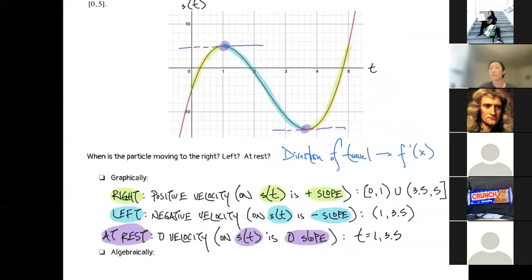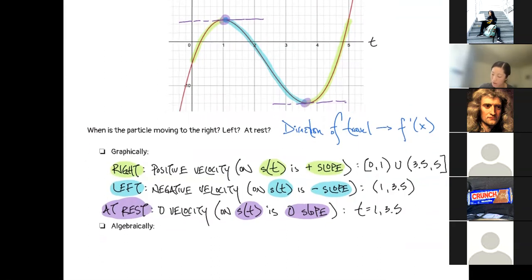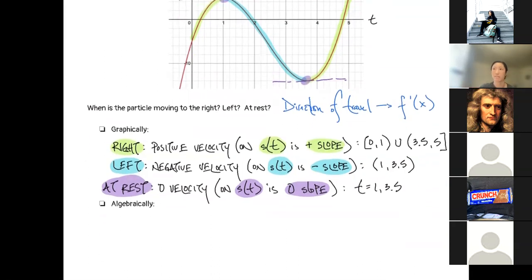So that's what we learned back in chapter 3. All right. And if that wasn't something that we remembered, hopefully this is something that we remember now. Okay. But there's sort of a second part to this question, which is we can look at this as a graph and find these answers. But I'm wondering if you can describe to me how we would find this algebraically. Okay.